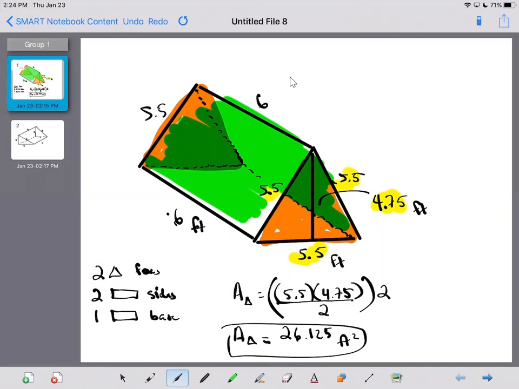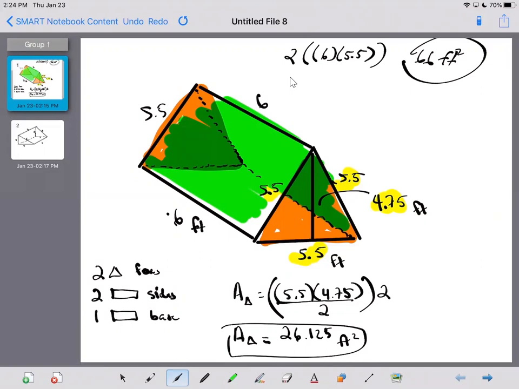There's two of those, right? So for that rectangle, I'm going to have 6 multiplied by 5.5. That's a rectangle, but I have two of them because that's what would be in green, the two sides. When you take 6 and multiply it by 5.5, you get 33. I need two of those, so that's going to give me 66 square feet. I need to hold on to that number.